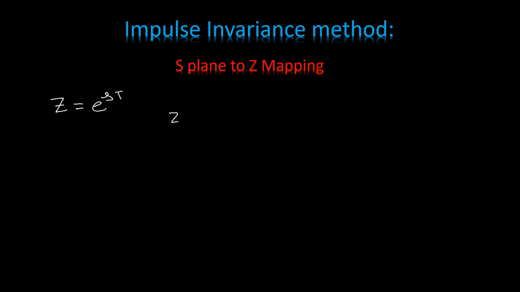So you know Z is equal to r e power j omega, where r is the magnitude, and s is equal to sigma plus j omega.